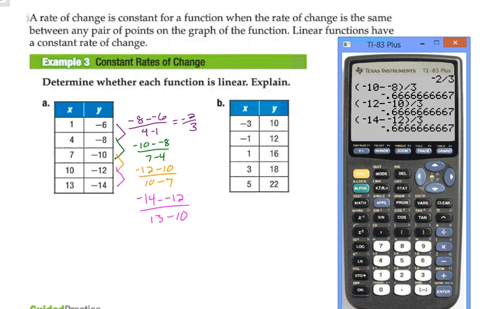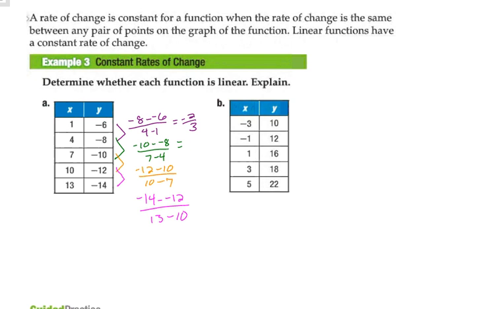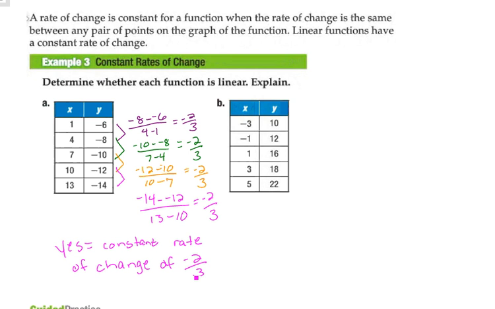Okay, so each one of those does come out to be negative 2/3. So, is this linear? We're going to have to say, yes, yes it is. Explain. Yes. Constant rate of change of negative 2/3.